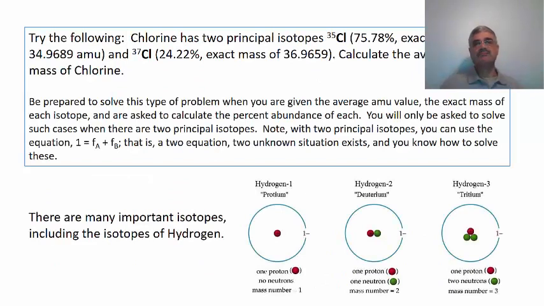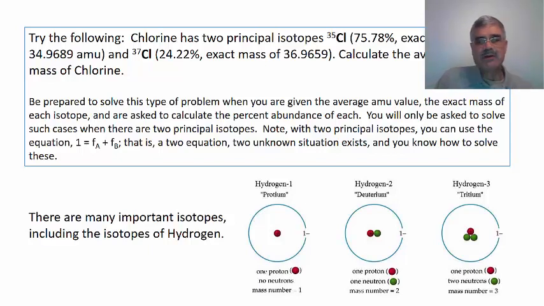Now try the following on your own. Chlorine has 2 principal isotopes. One's chlorine-35, for which the natural abundance is 75.78%, and the exact mass of that isotope is 34.9689. Now you'll notice this is close to 35, but it's not exactly 35.